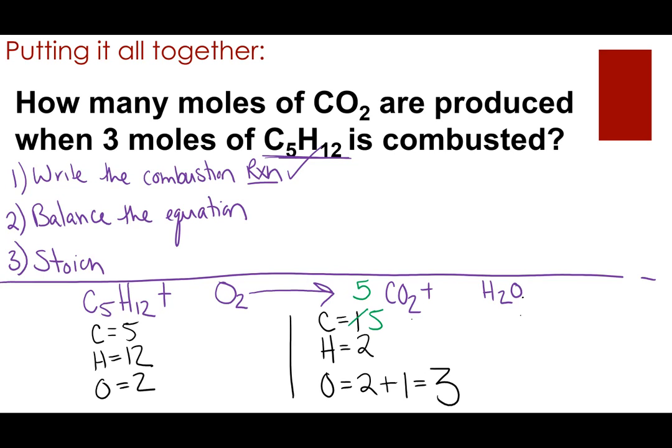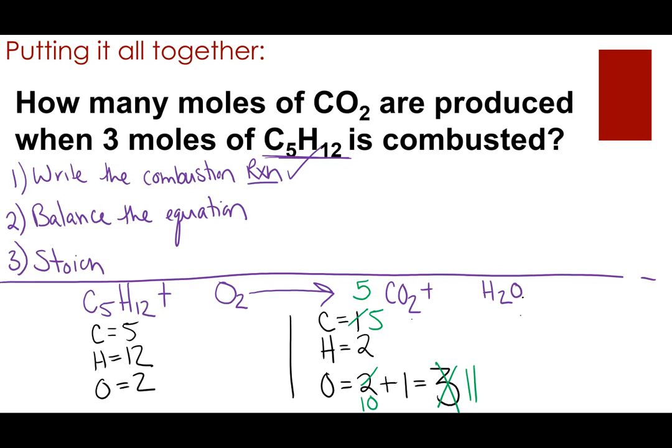So that balances our carbons. Yay. But what is that also going to affect? Yep, it's going to affect our oxygens. So coefficient times subscript, so 5 times 2, that's going to change this one to 10. We haven't done anything with this 1 yet. So 10 plus 1 is going to change that to 11.